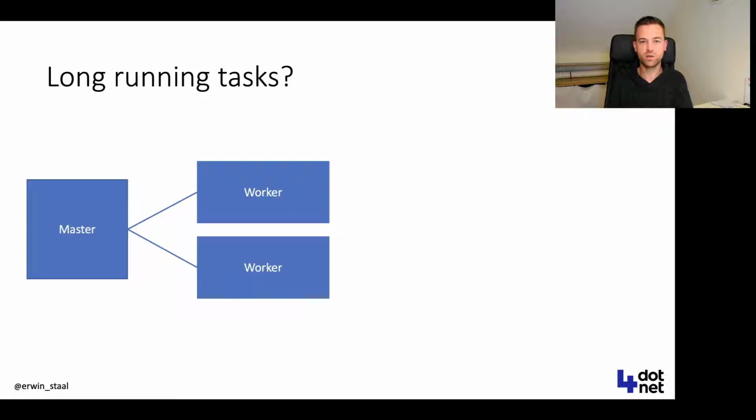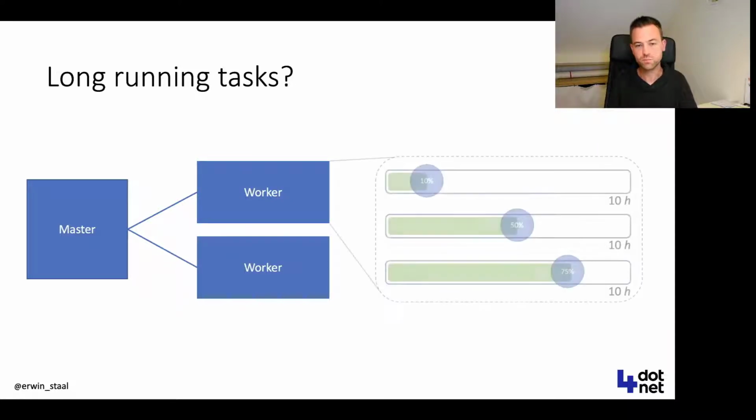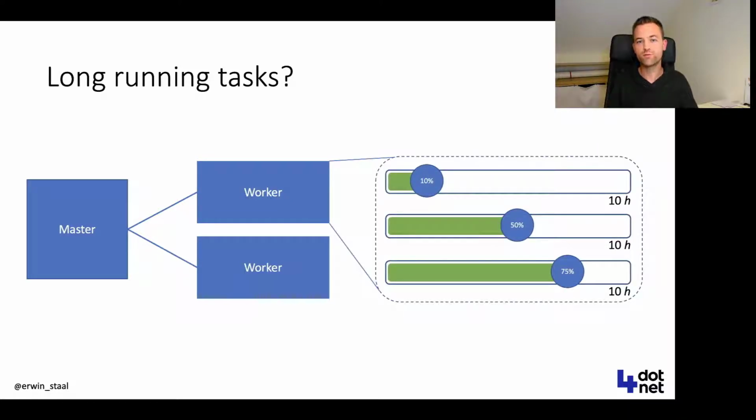It will do the patching, the operating system patching, etc. But what if you were running very long-running tasks on that worker, and then it's going to be shut down because your cloud environment thinks it needs to do operating system patching? So that's pretty annoying if you are running tasks on it that can take up to 10 hours, for example, of video encoding, and it's going to stop that in the middle.